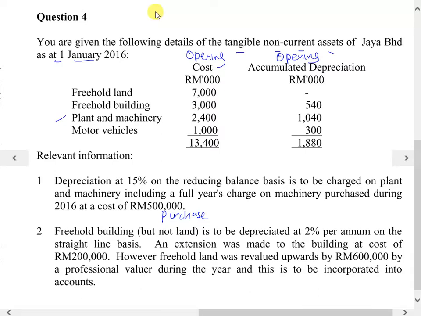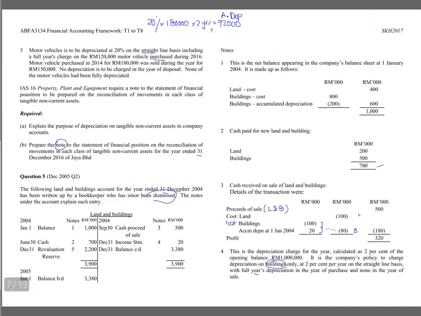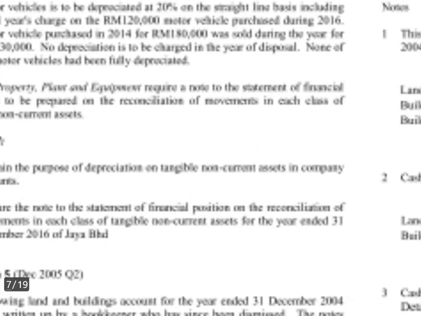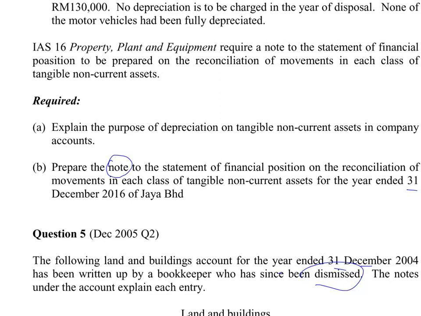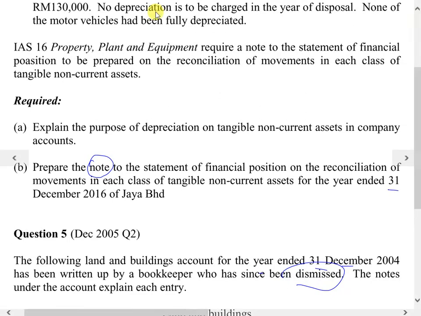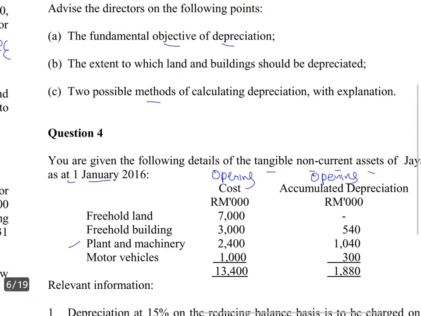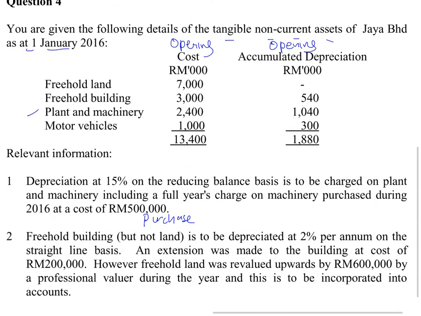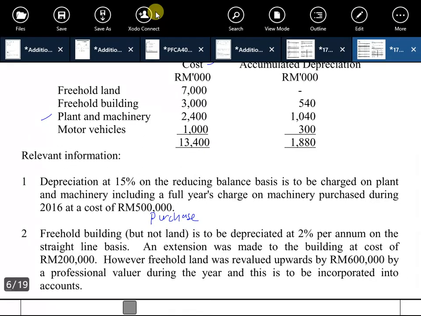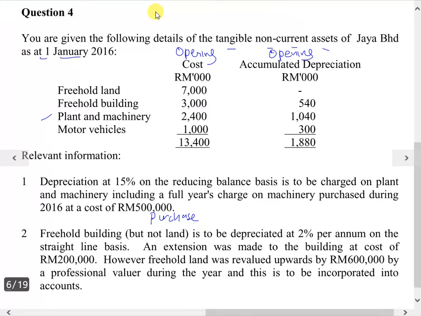You are given the following detail. On 1st January, our year end is here, 31st December 16. Beginning of the year, 1st January. Now, can I say, this is my opening.